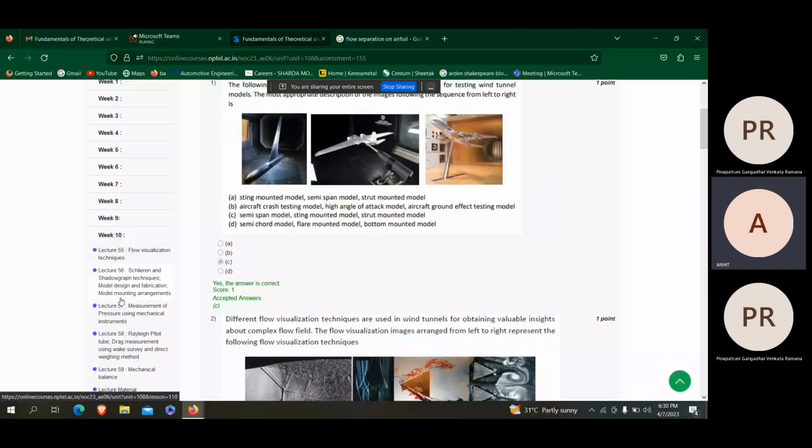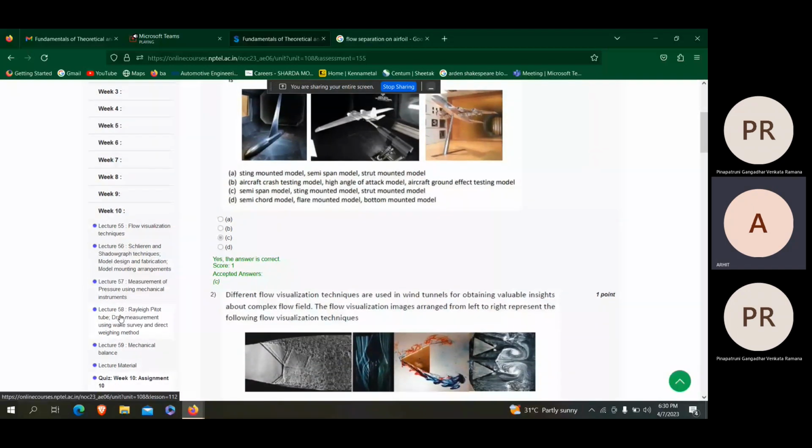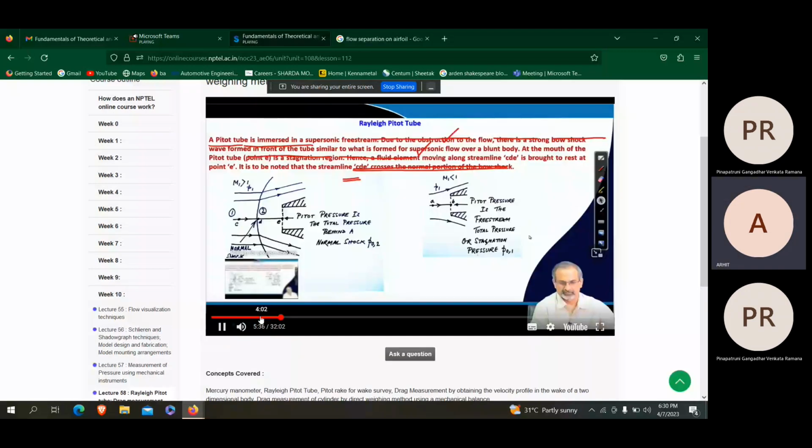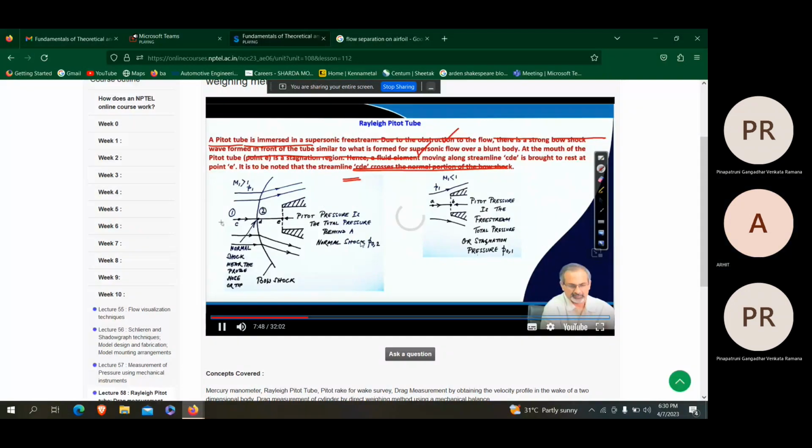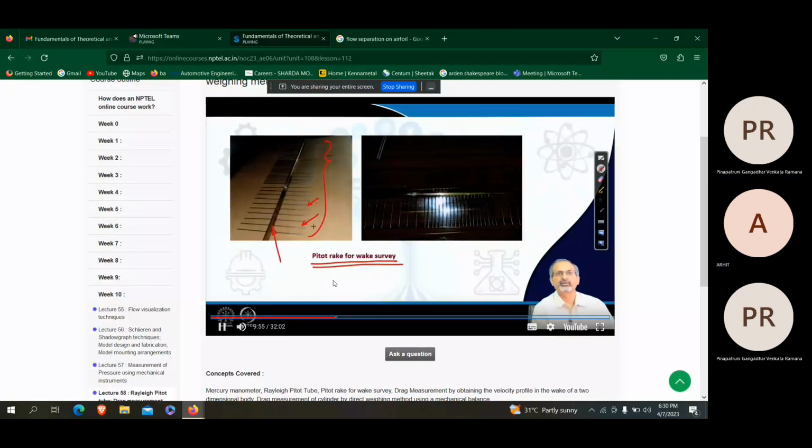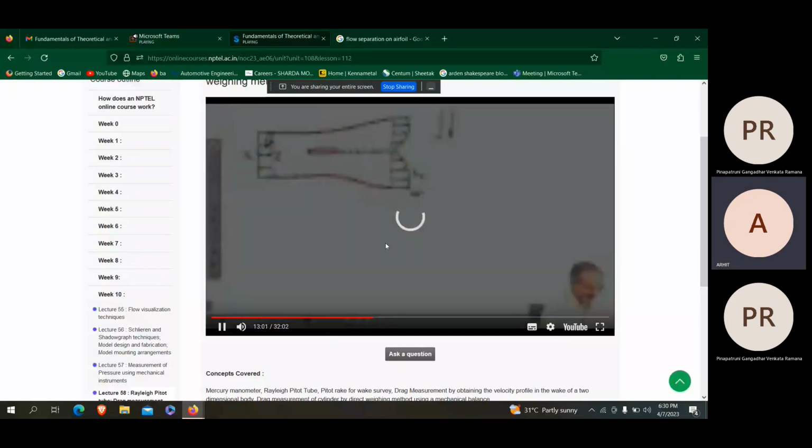Measurement of pressure using the Rayleigh Pitot tube. Yes, sir, this portion.